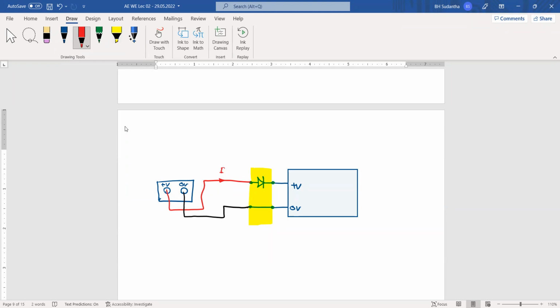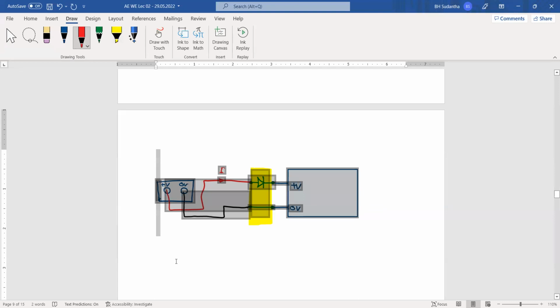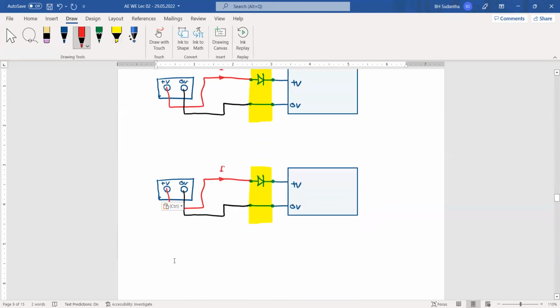Okay. What about if you reverse the polarity without knowing the polarity of your device? What will happen if you reverse the polarity of the circuit? Without having this diode, it will be damaged. But in this case, assume that you haven't done it this way.